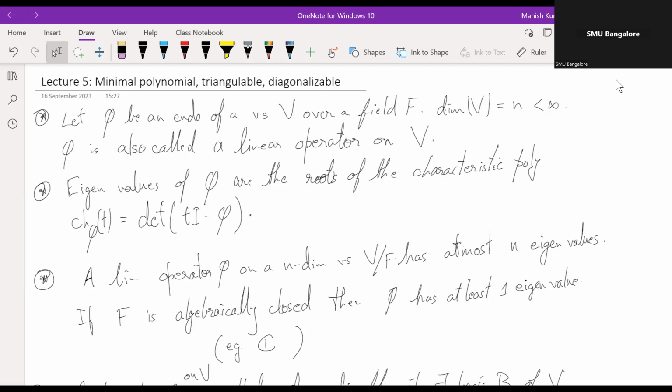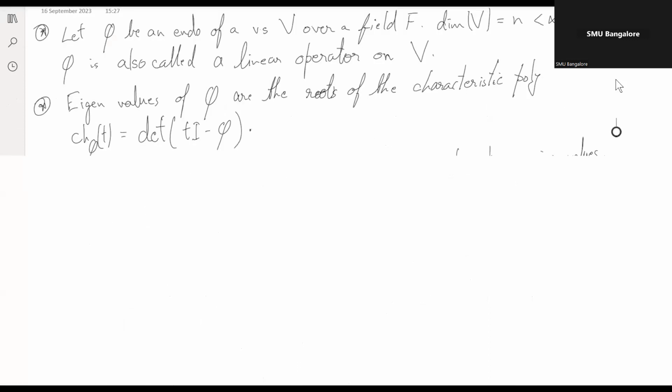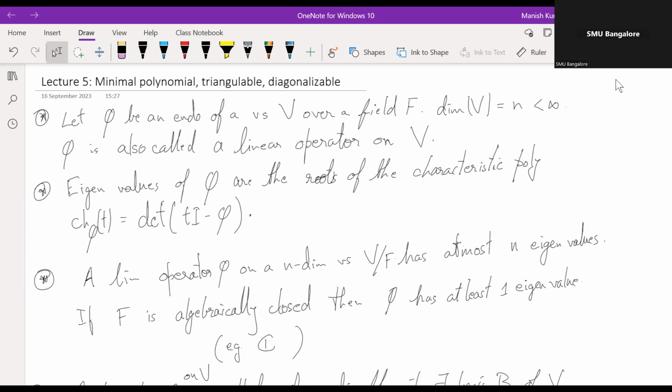Like for instance, the complex numbers. You can find one root, but can you find n roots? So what does it say? It says that the characteristic polynomial is a product of linear factors, right?